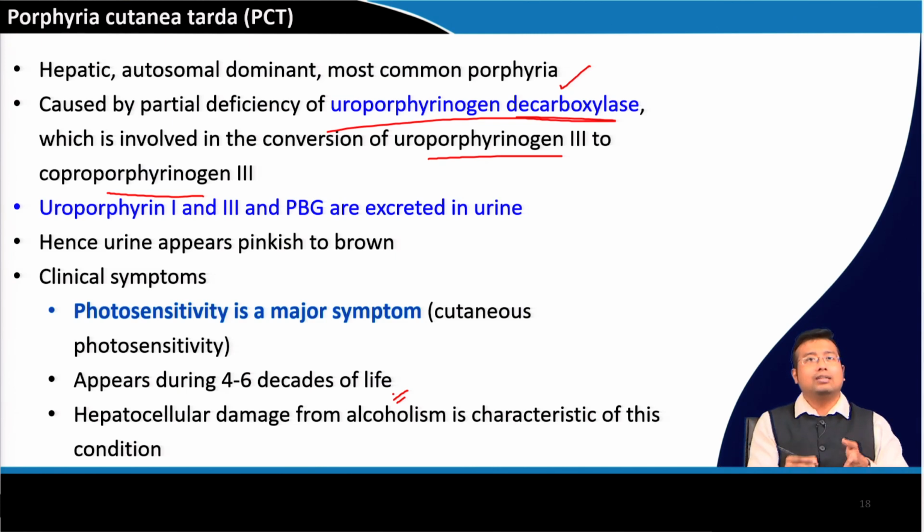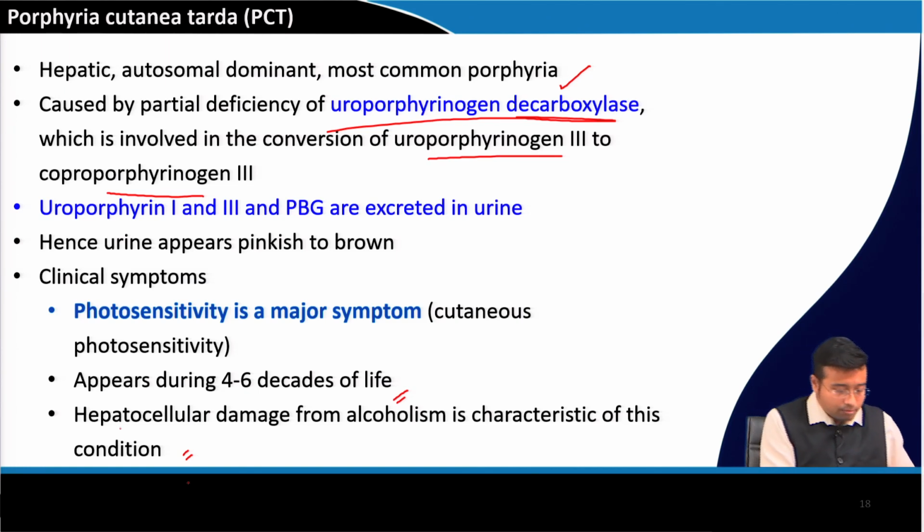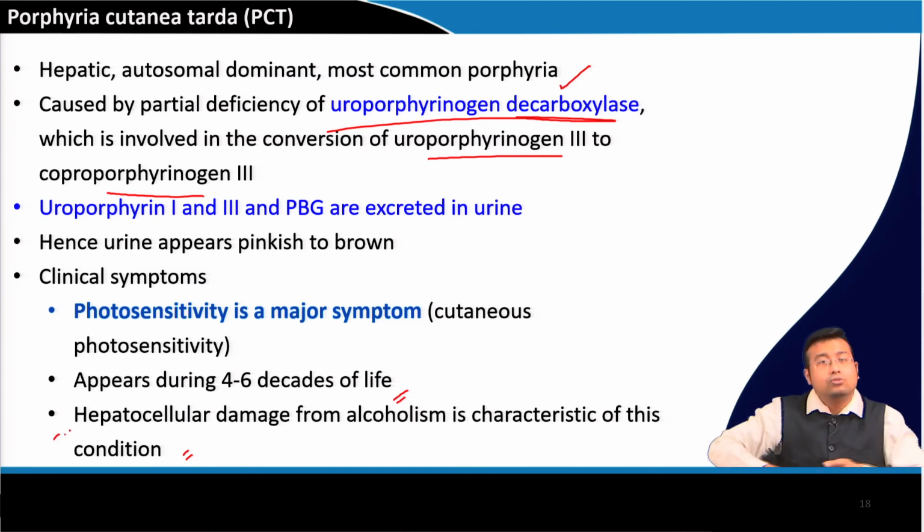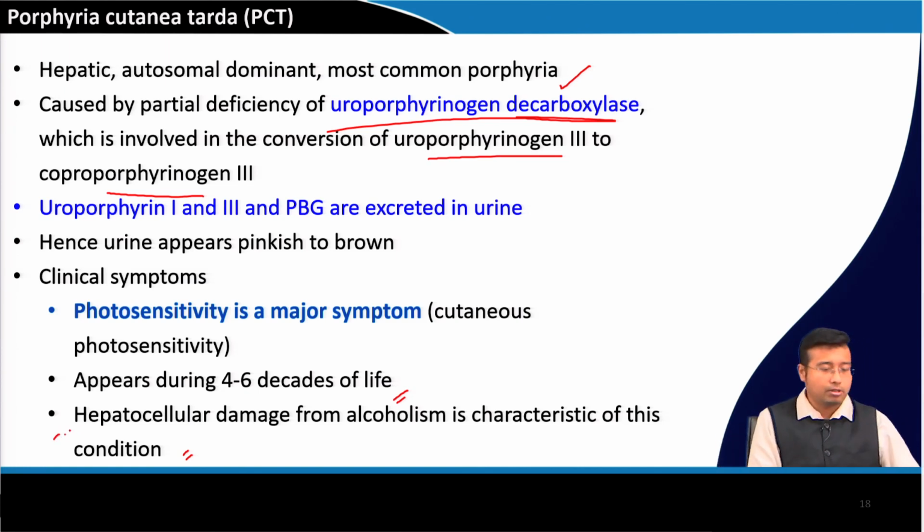And hepatocellular damage and alcoholism are characteristic of this condition, right. Hepatocellular damage, already the liver is getting assaulted due to alcohol, and in presence of Porphyria cutanea tarda, hepatocellular damage is again triggered, and that leads to ineffective erythropoiesis, which is a symptom of this disease.